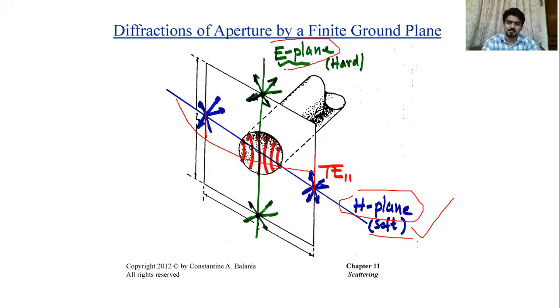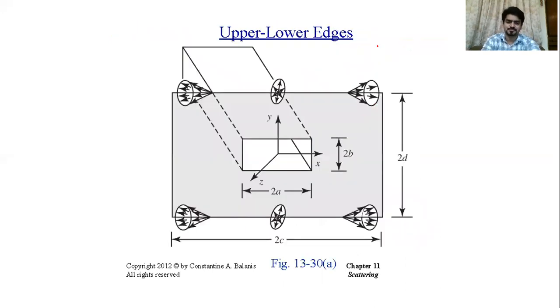For this vertical plane, E plane, since your E vector is perpendicular to the edges, you will have much stronger diffraction from those edges, and that's why it is hard polarization.